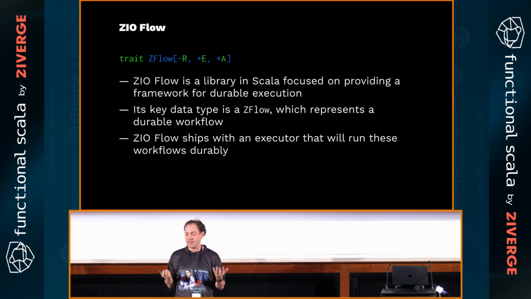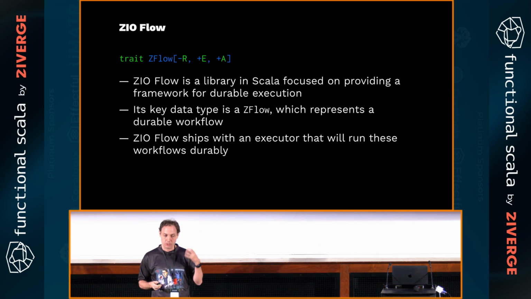And it came with a durable executor that would make sure that when you ran one of these ZIO Flows with this executor, even if a failure occurred, it would get restarted and it would pick up from where it left off. So it had these nice properties that we like here.